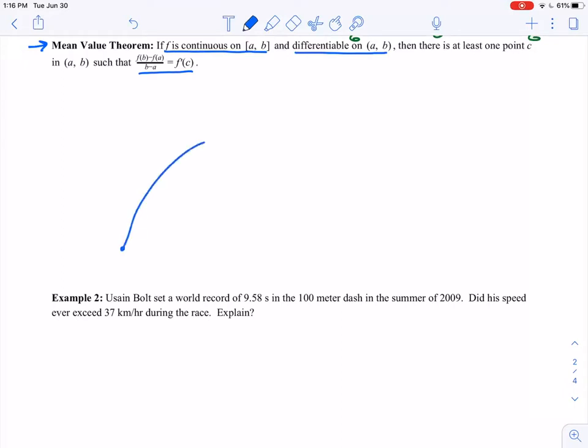So I'm going to draw some function, perhaps it looks something like this. If I were to find the average rate of change between the endpoints, in other words, the slope of the secant line, what the mean value theorem says is there is at least one point c in between a and b, so maybe this is my c right here, where if you were to sketch in the slope of that tangent line, and I don't think that's quite it, I think probably right there.